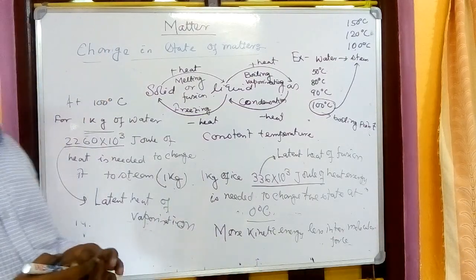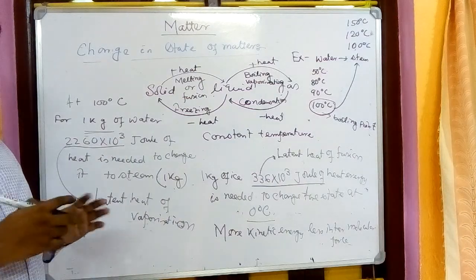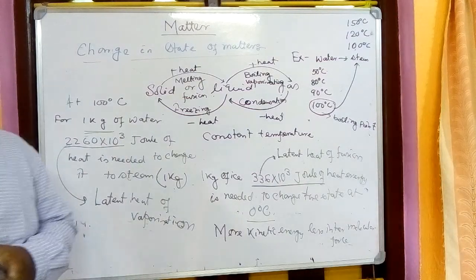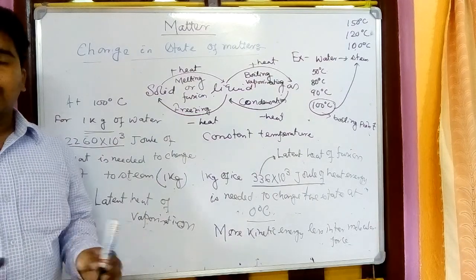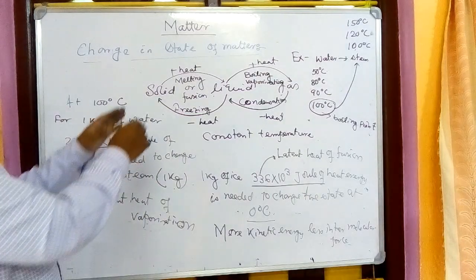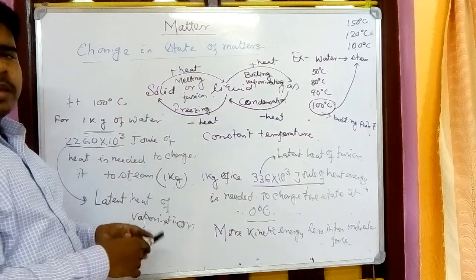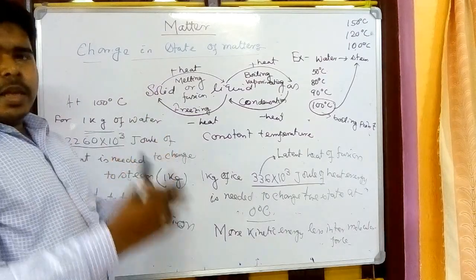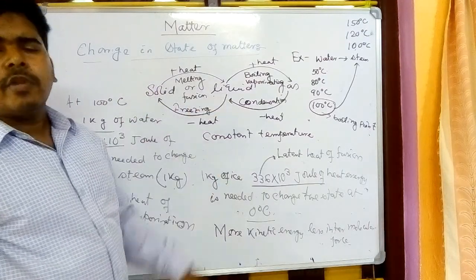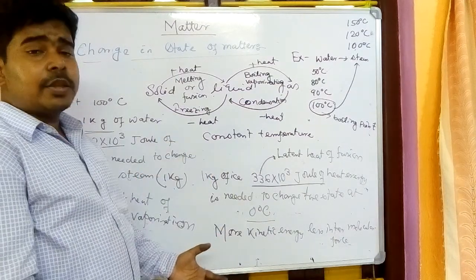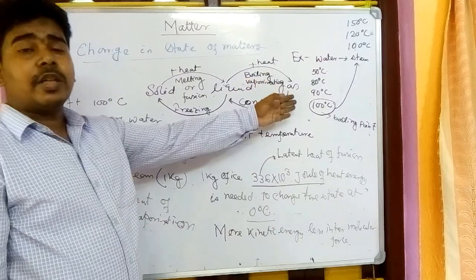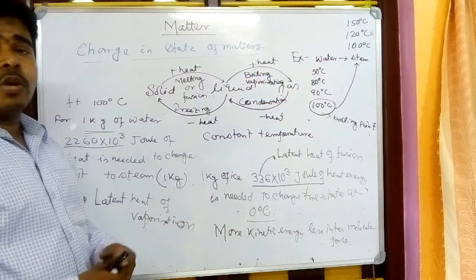That is the change in state, and it is also explained in the form of a molecular model. In the molecular model, a solid is compact; give more heat energy, more vibration, less intermolecular attraction, and it is converted into liquid. Give more heat energy, more kinetic energy of the molecules, and it is converted into gas because of less intermolecular force.